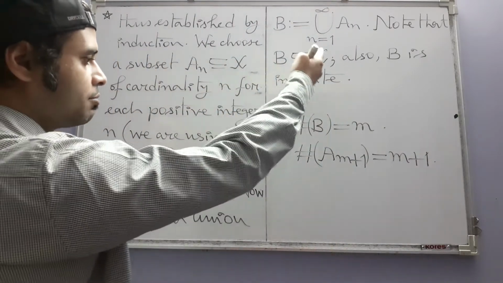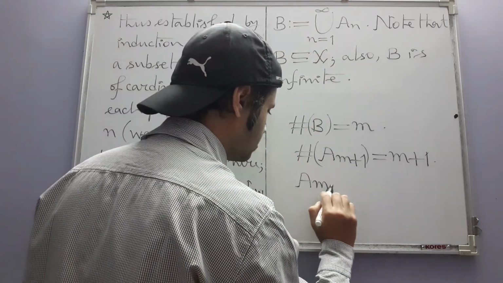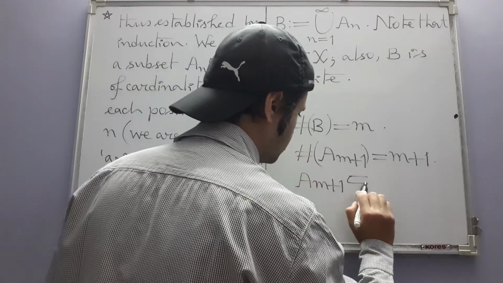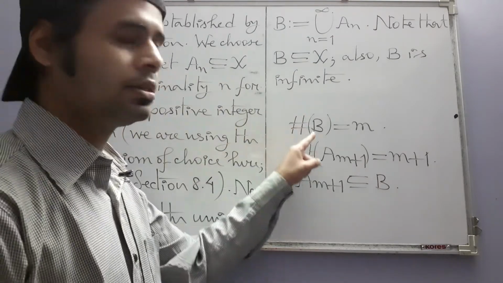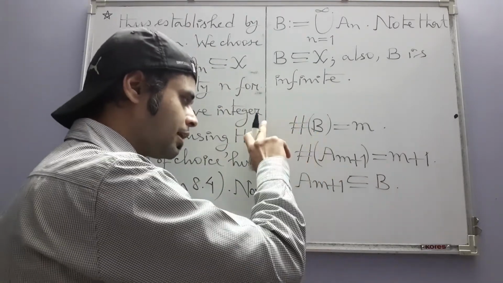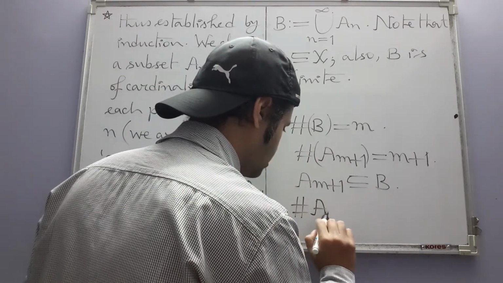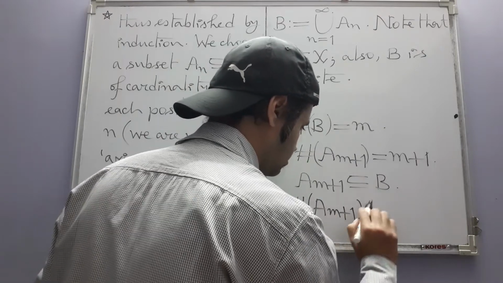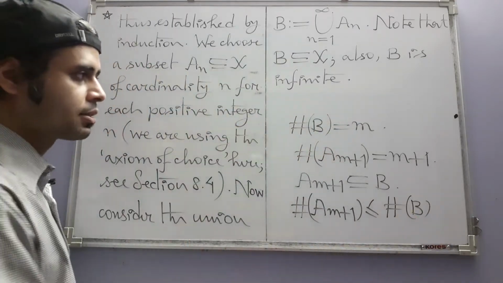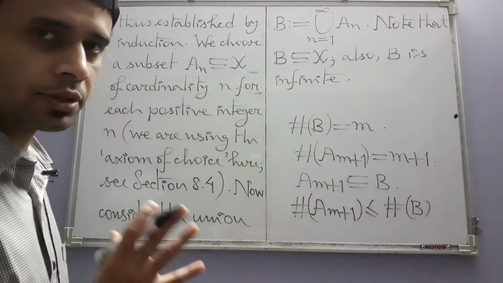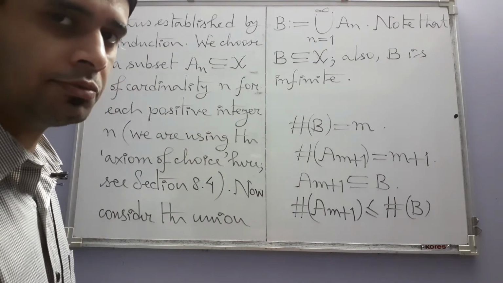But clearly, because B is the union of all these A_i's, A M plus 1 is a subset of B. Now, because we have supposed that B is a finite set, by part C of that proposition we should get this, which, however, is clearly not true. So there we have got a contradiction. That is why B cannot be finite. It has to be infinite.